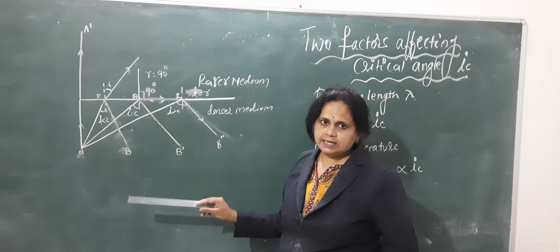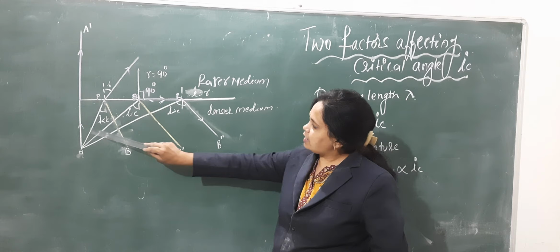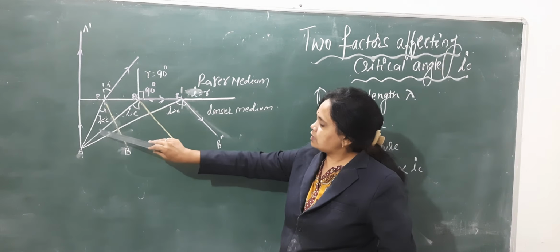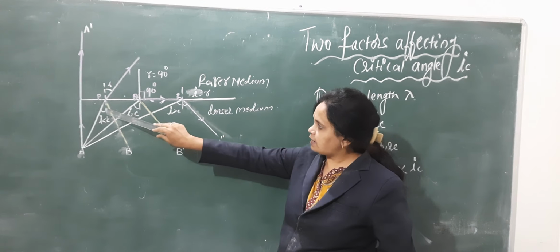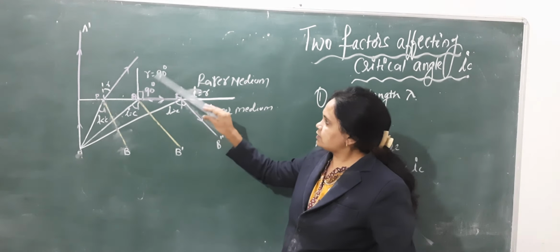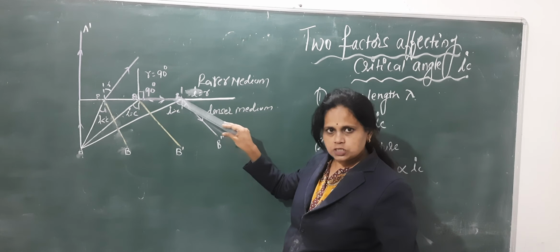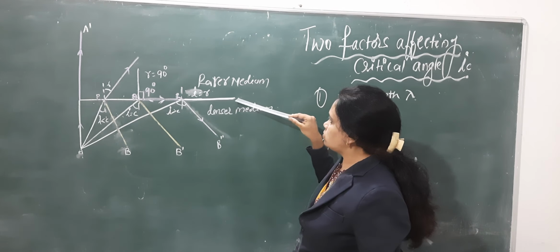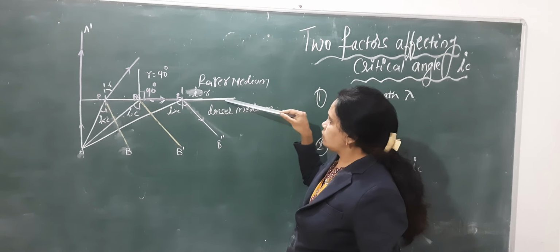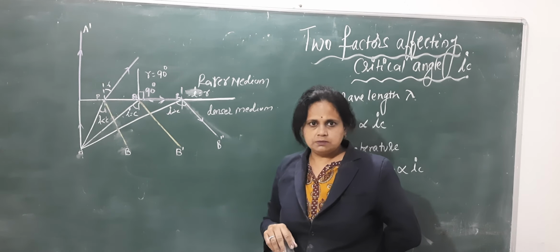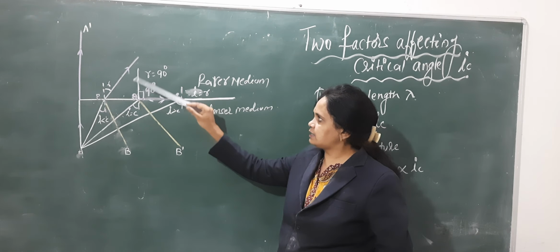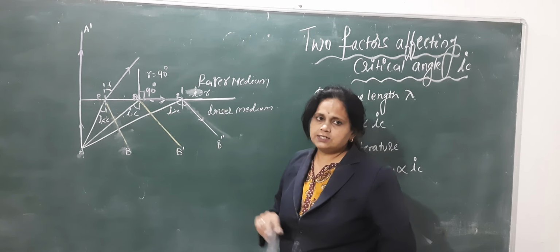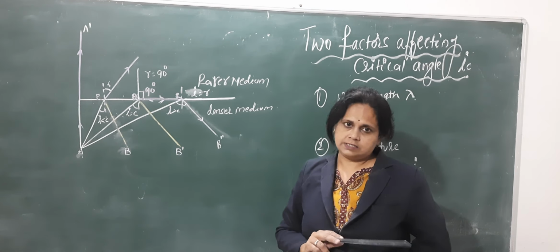In this case, as the angle of incidence has increased, because this incident ray is more oblique than the previous one, the refracted ray moves away from the normal in such a way that it starts traveling along the boundary between the two mediums. It means it makes exactly 90 degrees with the normal. Please understand this condition. This condition is critical for the angle of incidence.